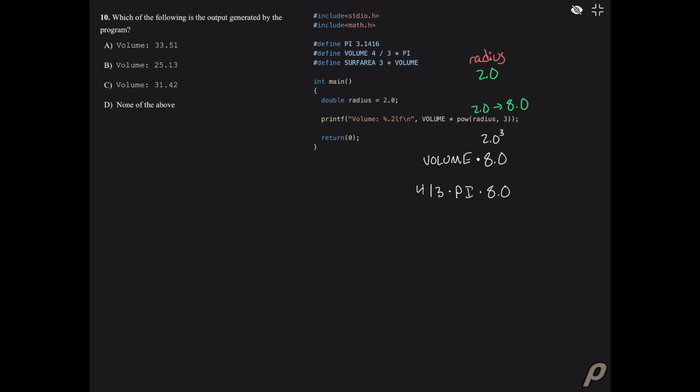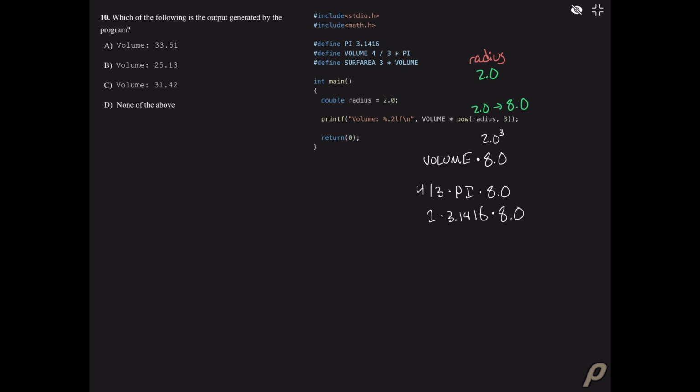But do make sure you follow order of operations in that you wait to do the power calculation a little bit later. So we notice that 4 divided by 3, those are both integers, so we're doing integer division. So the result of that is just 1 times pi, and we know what pi is. That is 3.1416. And then we multiply that by the result of the pow, which is 8.0.